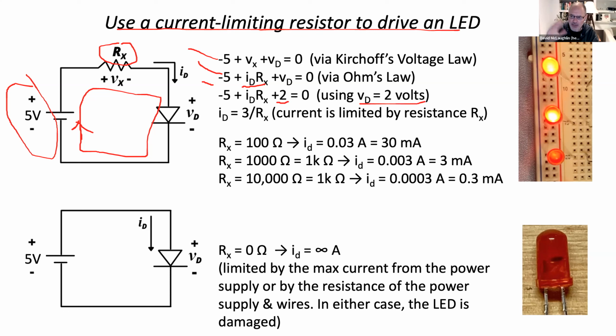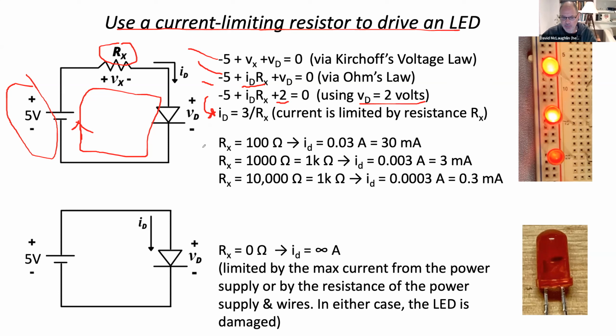That varies from one color diode to another, depending on the semiconductors used, but 2 volts is a reasonable approximation for what we're doing here. So you can take this equation and solve for the current through all the elements in the circuit as a function of the resistance.